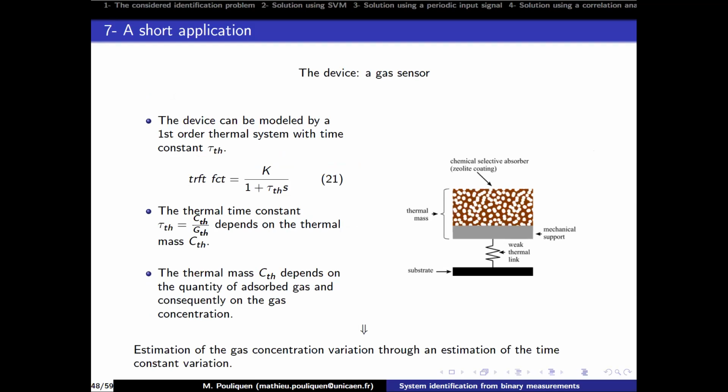A simple system, the one from Ali's thesis. The device here is a gas sensor. We have a device that can be modeled by a first order system, and in this system there is a time constant.